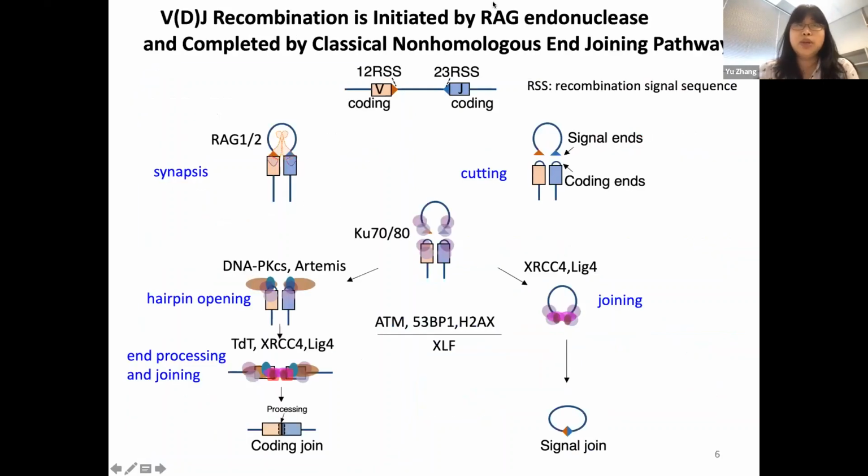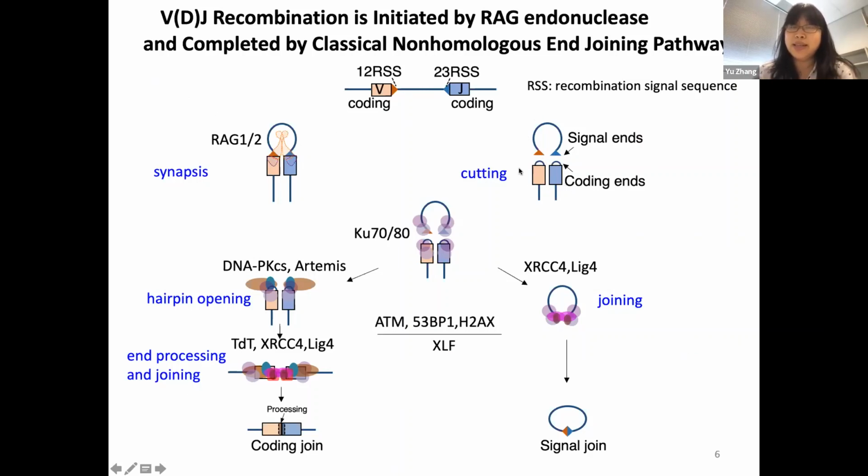So just a brief review of V(D)J recombination. V(D)J recombination occurs between a pair of substrates called recombination signal sequences, also called RSS. RAG initiates this process by targeting to the RSS and cleaving at the border between the RSS and its flanking coding sequences.